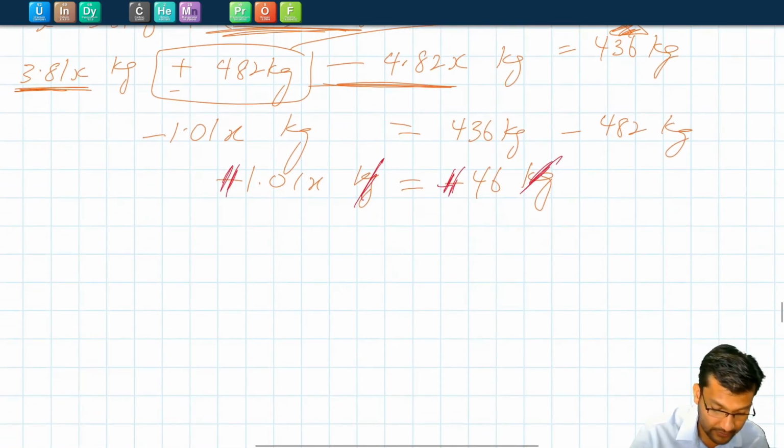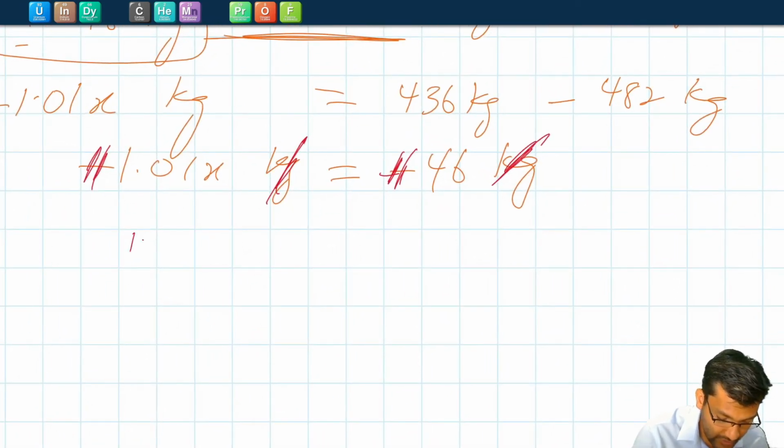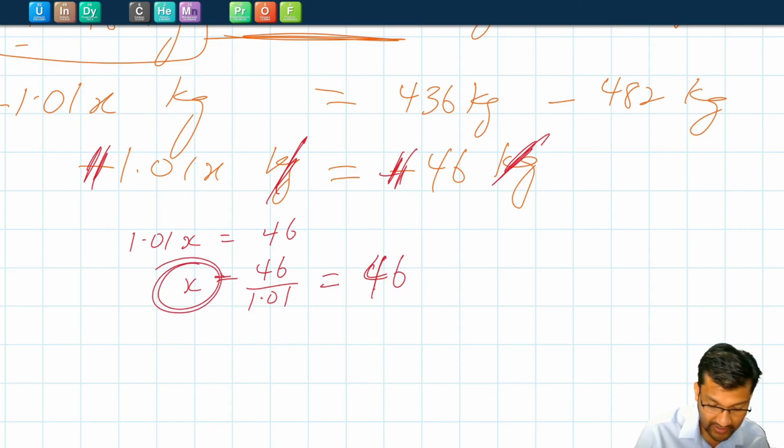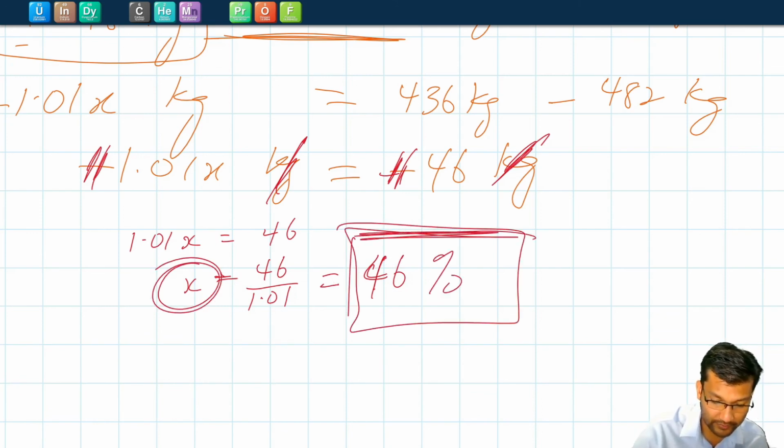So we have 1.01X is equal to 46. X then is equal to 46 divided by 1.01, which gives us two significant figures, 46. Remember, that's a percentage, so it'll be 46% as our answer.